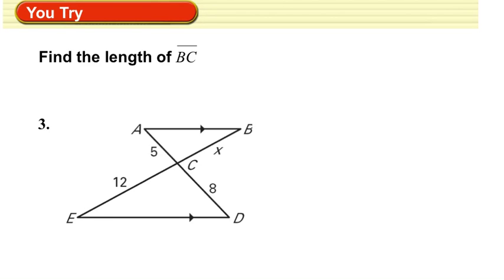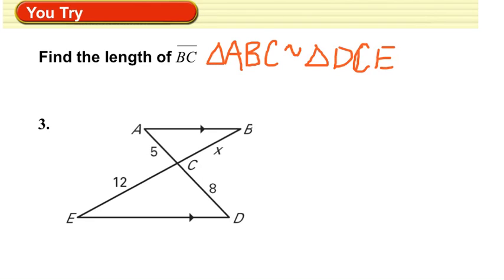In this last example, you need to find the length of segment BC. But first we want to show that triangle ABC is in fact similar to triangle DCE. In doing so, hopefully you can identify the vertical angles are equal.